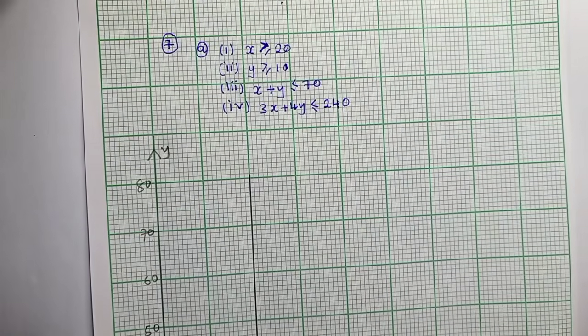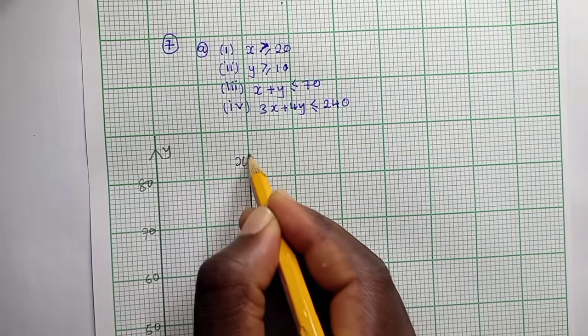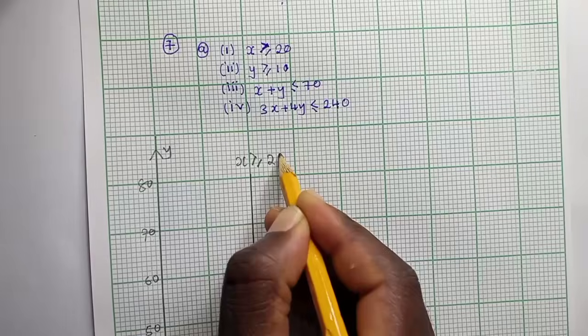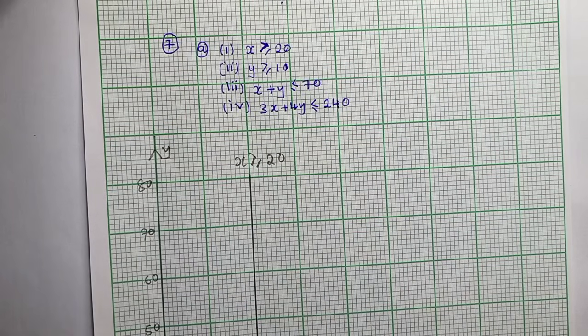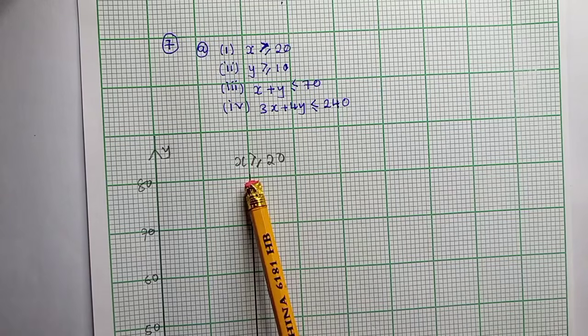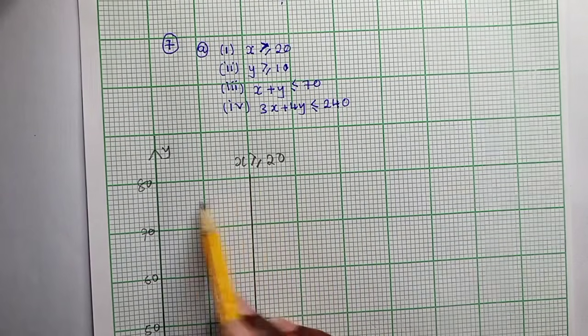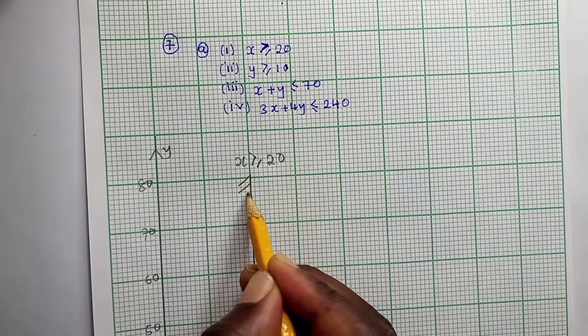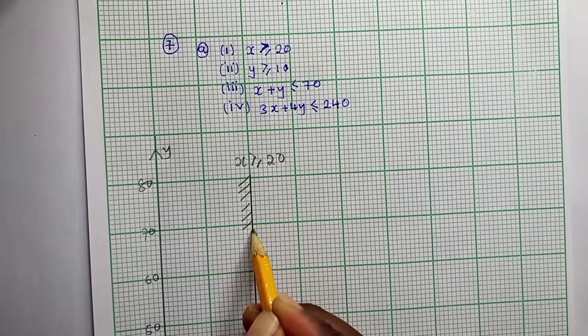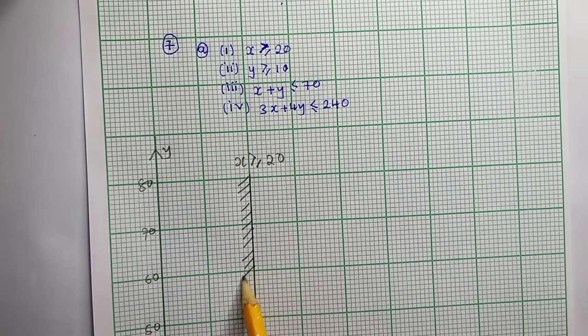Let's check. Because this is x is greater or equal to 20, we are supposed to shade the opposite, which is the left side, because the greater side is this way. So this is how it will look like. Make sure your shading is clear and perfect.